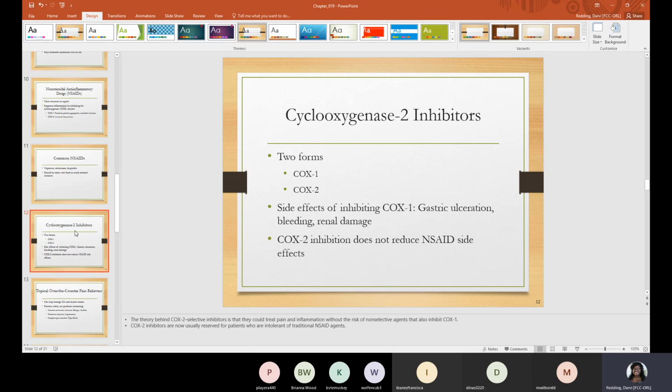So there could be ulcers in the stomach, bleeding, and also renal damage. Anytime you hear renal damage, that represents the kidneys. Now COX-2 inhibitors are selective, and the theory behind COX-2 selective inhibitors is that they could treat pain and inflammation without the risk of the non-selective agents that also inhibit COX-1.